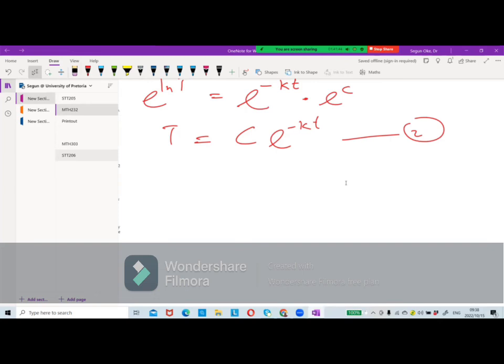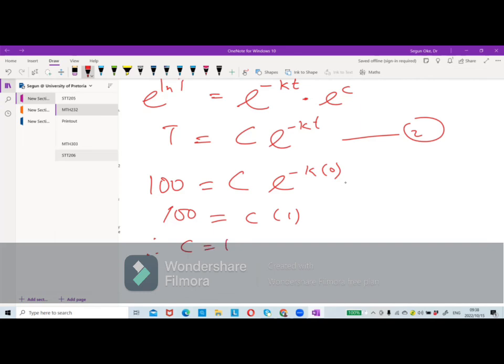Do you agree with me? Yes, sir. So we have 100 equals, we are trying to get our c, c exponential minus k of 0. So you have 100 equals c into 1, because exponential 0 is 1. Therefore, our c is equal to 100. Then I can rewrite my equation 2. Equation 2 now becomes what?